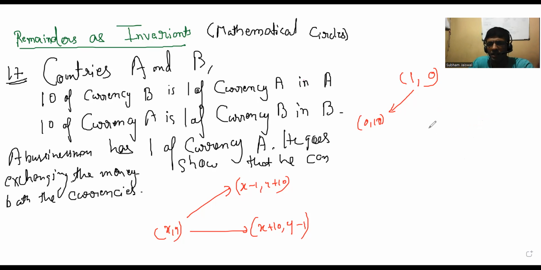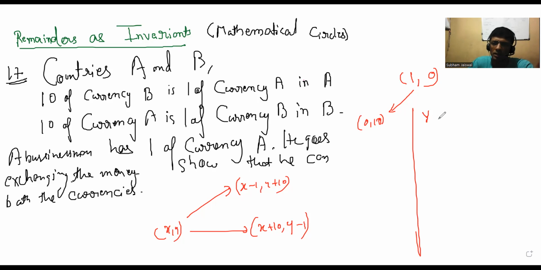So what is the x and y? Can you say again? X and y. Okay, so y is the number of currency B, right?